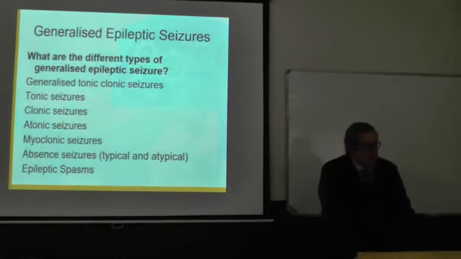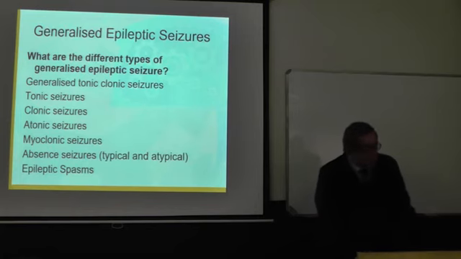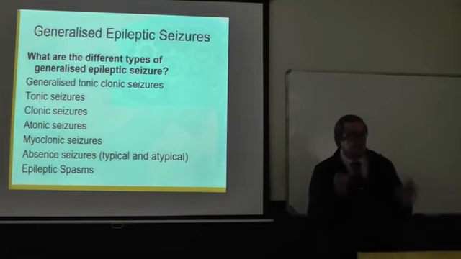The different types of generalized epileptic seizures are the ones that people generally know as epilepsy. And that's the one where you've got a tonic phase and a clonic phase, and it involves both sides of the body. Then there may be ones that are just tonic, some may be just clonic. Atonic can sometimes be difficult to differentiate from myoclonic seizures, because in atonic seizures you just suddenly lose all muscle tone, whereas in a myoclonic seizure you've got a sudden muscle jerk and then you may fall afterwards.